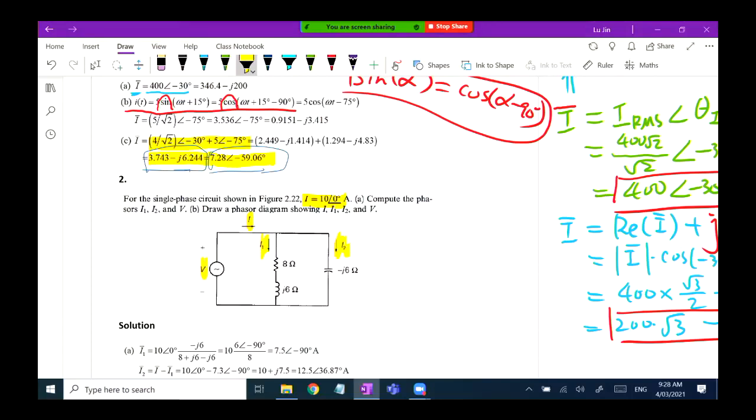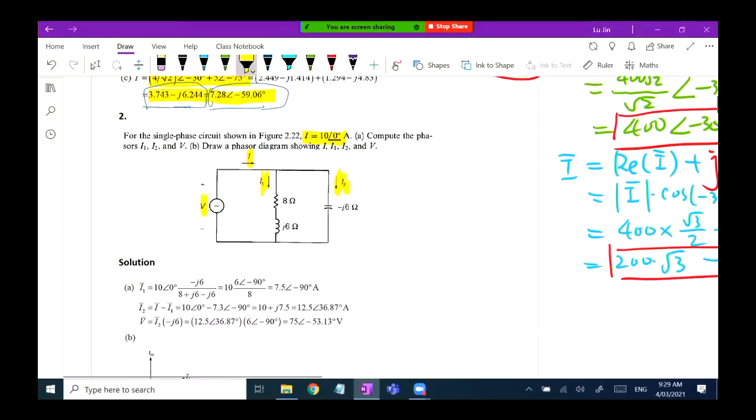But for this question, because the two loads, two branches, are connected in parallel, and that capital I current is the input current to that parallel block, the easiest way is to use current division to determine I1 and I2. I1, I2 are just two sub currents sharing the total incoming current, so current division should be the easiest way.